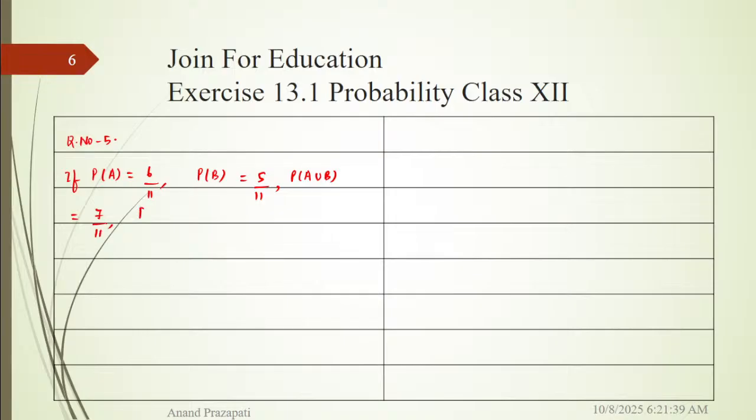This question asks us to find: number 1, probability of A intersection B; probability of A by B; and probability of B by A.